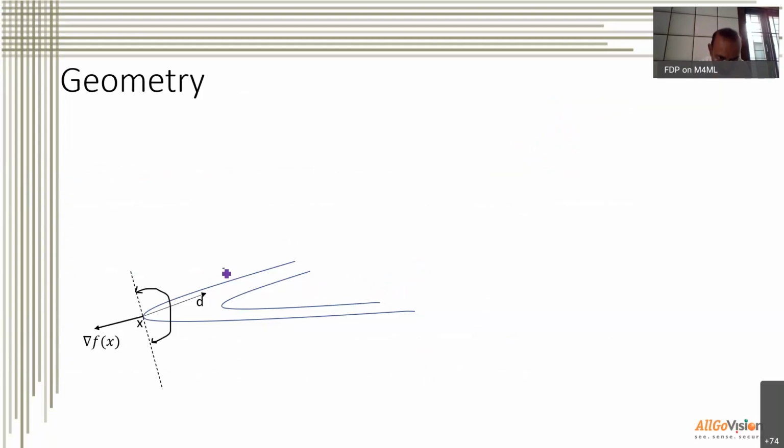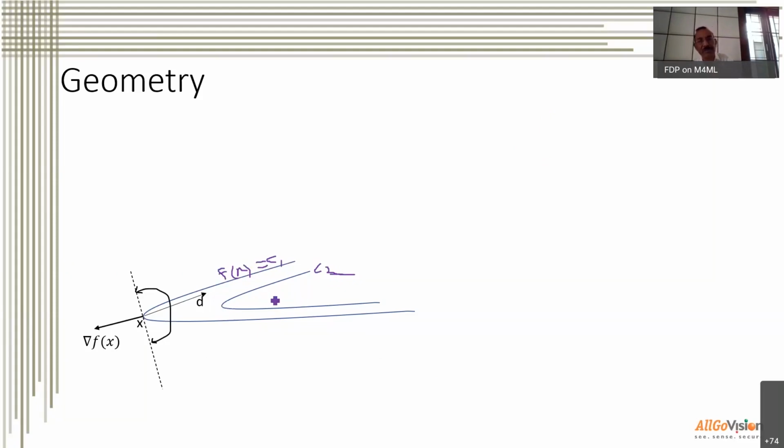Let's say this is f of x equal to some c1, and this is f of x equal to c2, where c1 is larger than c2.